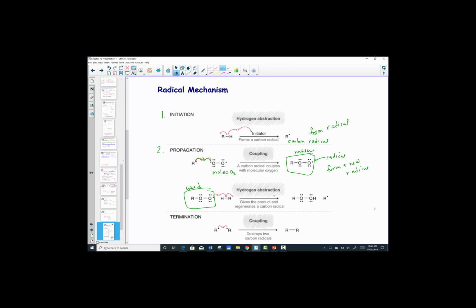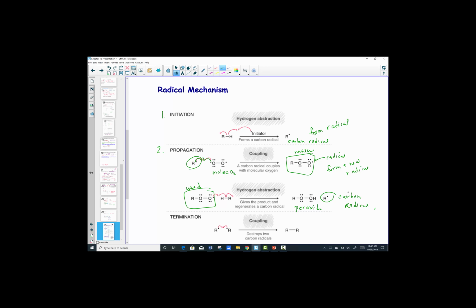And again, this is a hydrogen abstraction, where the result, of course, is this peroxide, ROOH. And we've regenerated the carbon radical. What I use in the first step must be regenerated in the last step so that the reaction will propagate.